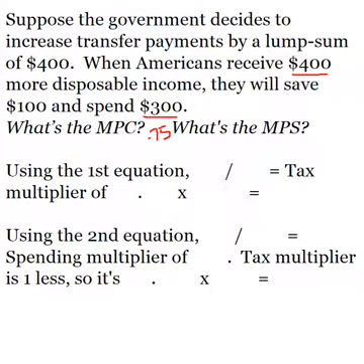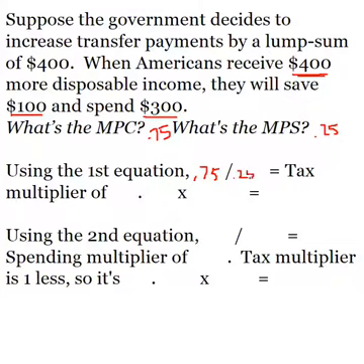That also tells us that our MPS has got to be 0.25, but let's prove it. The change in savings, $100, by the disposable income, $400, that is 1/4, so okay, 0.25. So once we figure those two things out, for the first equation to figure out the tax or transfer multiplier, it is the MPC divided by the MPS.